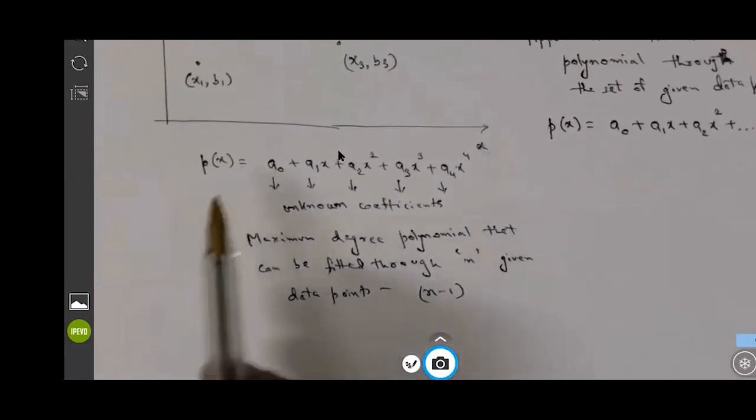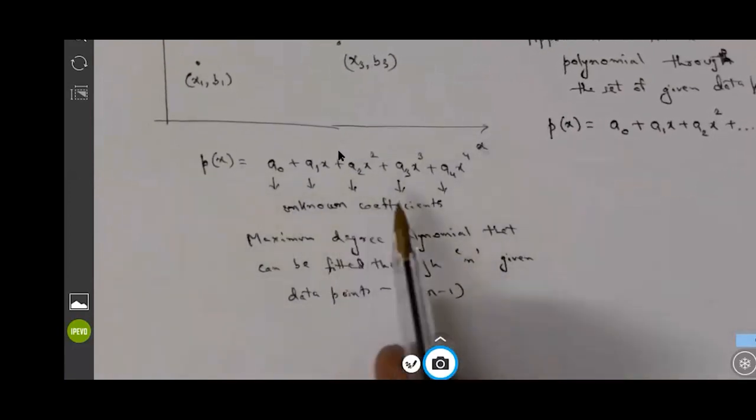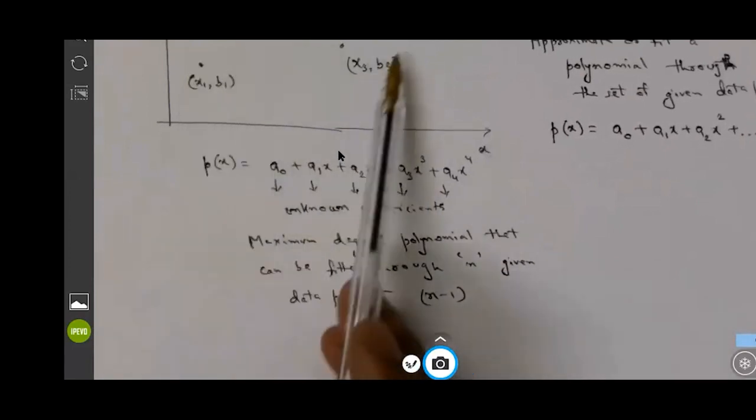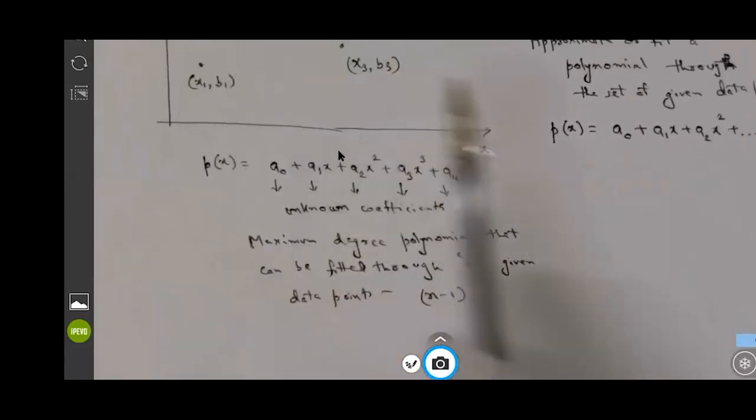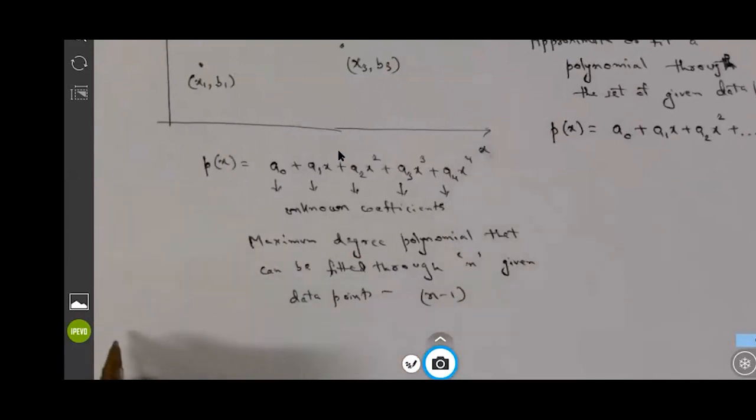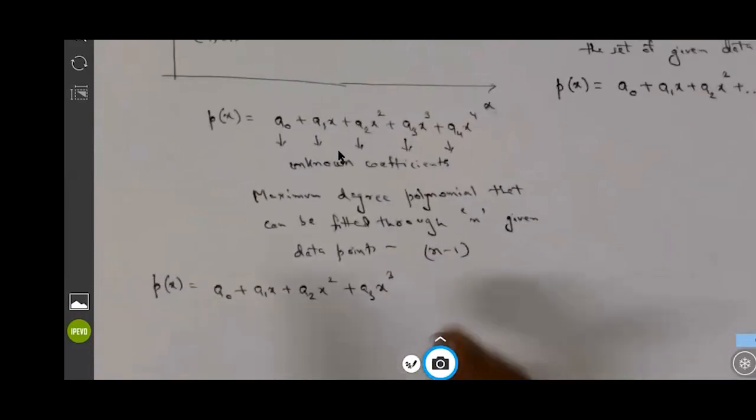So if I have to fit exactly a 3rd-degree polynomial, because I have 4 points, I can fit exactly a 3rd-degree polynomial, which is a cubic polynomial. So I can write p(x), the polynomial that can be fitted, as a0 plus a1x plus a2x squared plus a3x cubed. That is the polynomial you can directly fit.